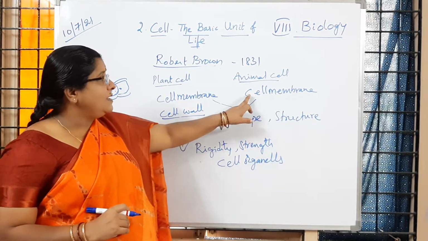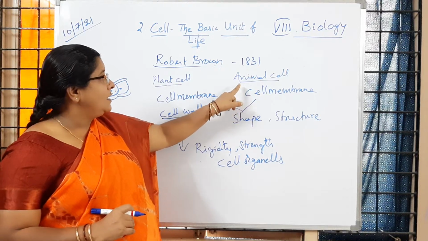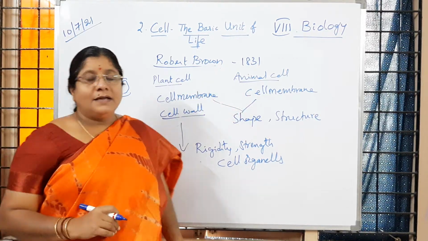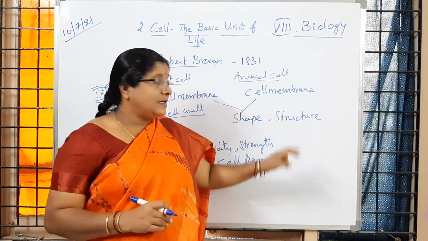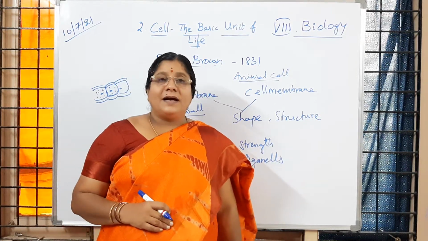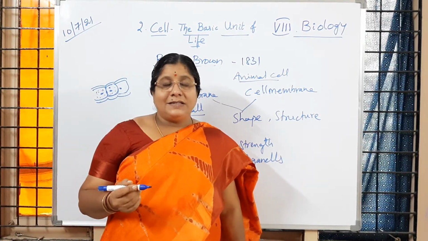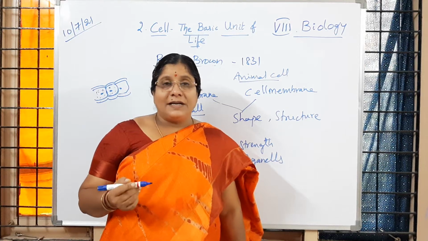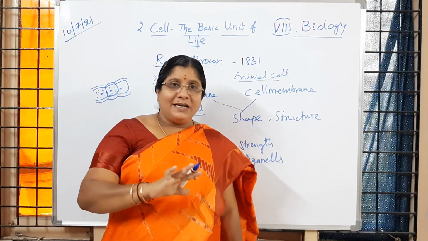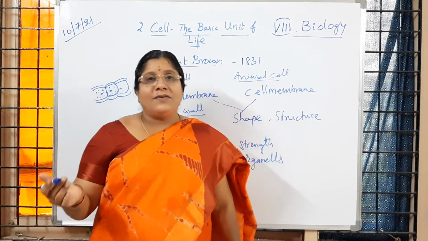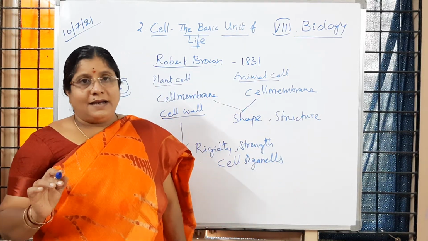So this cell membrane, which is present in the animal cell and plant cell, is giving shape and structure, I said. Apart from that, the cell membrane is helping in allowing certain materials to enter inside the cell or exit the cell. Means what?